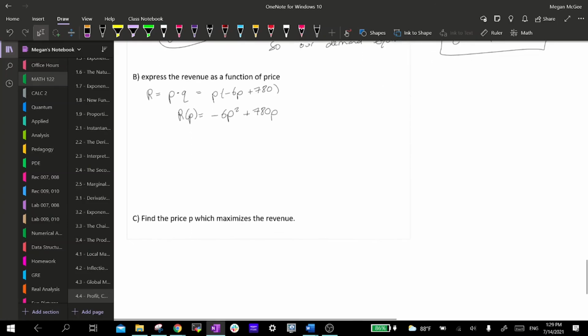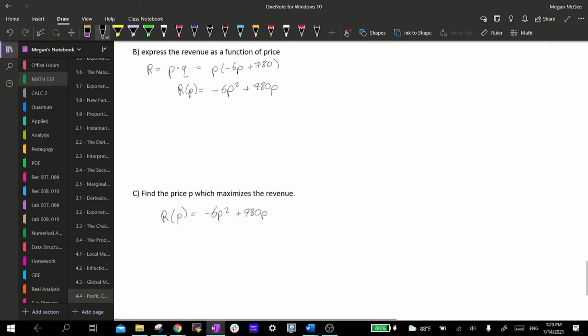Part C asks us to find the price which maximizes the revenue. We have R of P equal to -6P squared plus 780P.